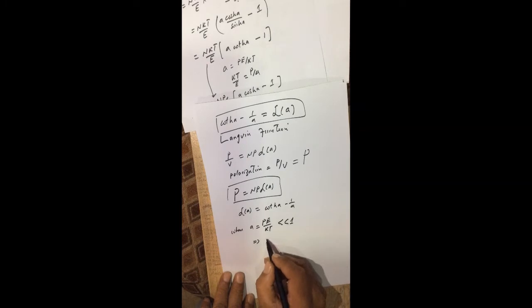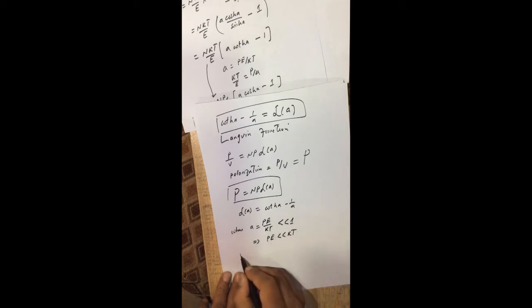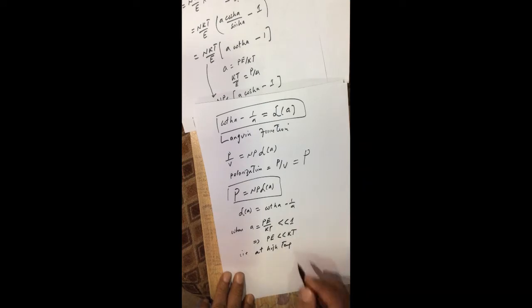This implies that this PE, dipole moment times electric field, is much smaller than KT. Or that is, at high temperature and small electric field E.